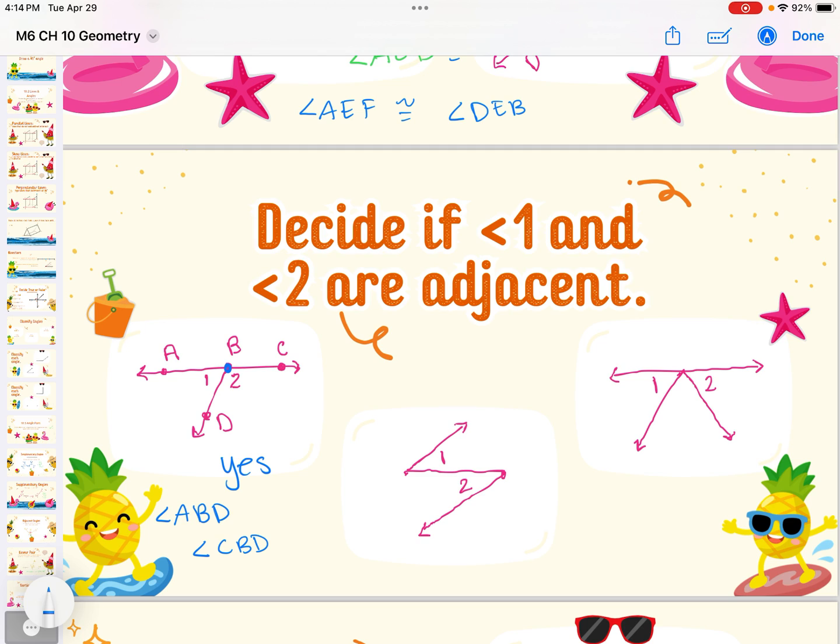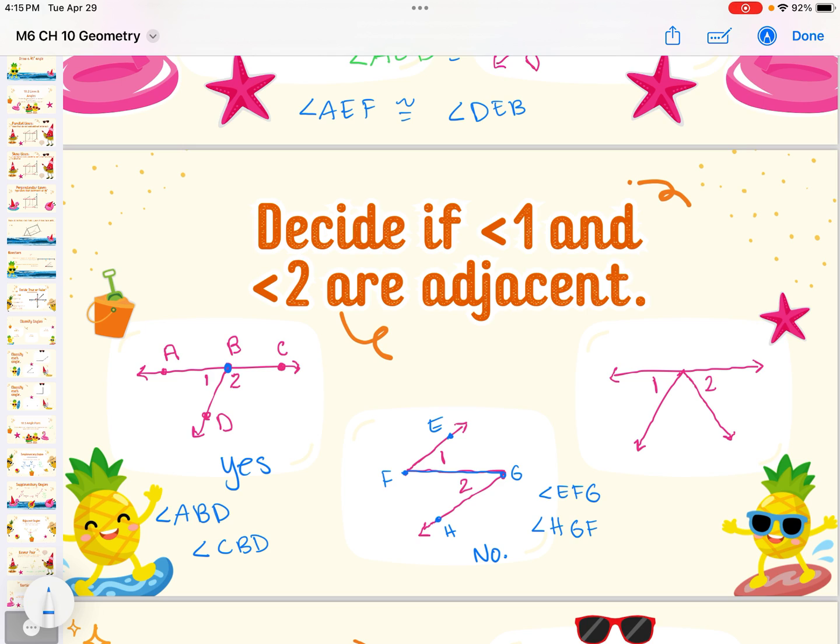Maybe we label this as E, F, G, and H. Angle EFG and angle HGF share a common side, but they do not have the same vertex. So no, these are not adjacent. They are not right by each other.